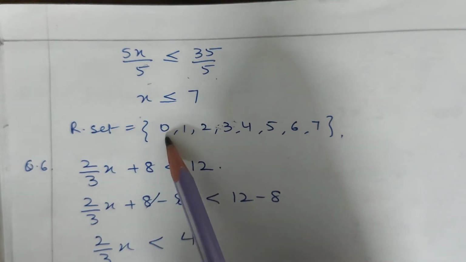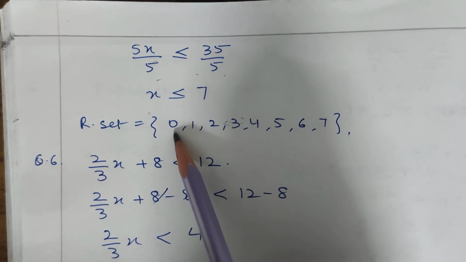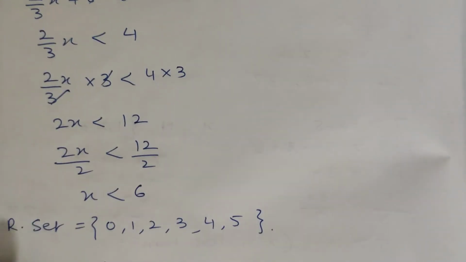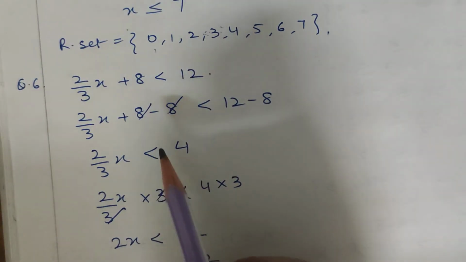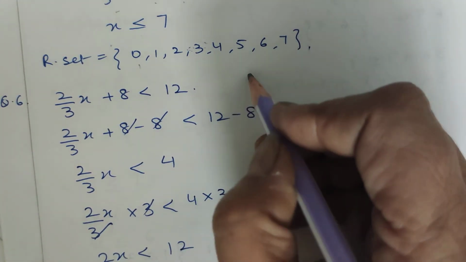Replacement set is, you have to take this from whole numbers. So, whole numbers will be 0, 1, 2, 3, 4, 5, 6 and 7. Question number 6. Solve this, x belongs to whole numbers.